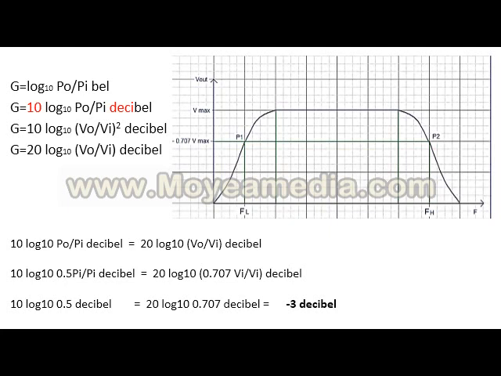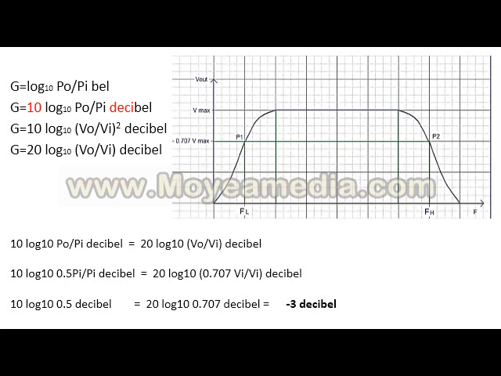So these are the gain in terms of power and the gain in terms of voltage. According to the half power point, the output power is equal to half of the input power, that is represented using the equation 10 log 0.5 Pi divided by Pi.